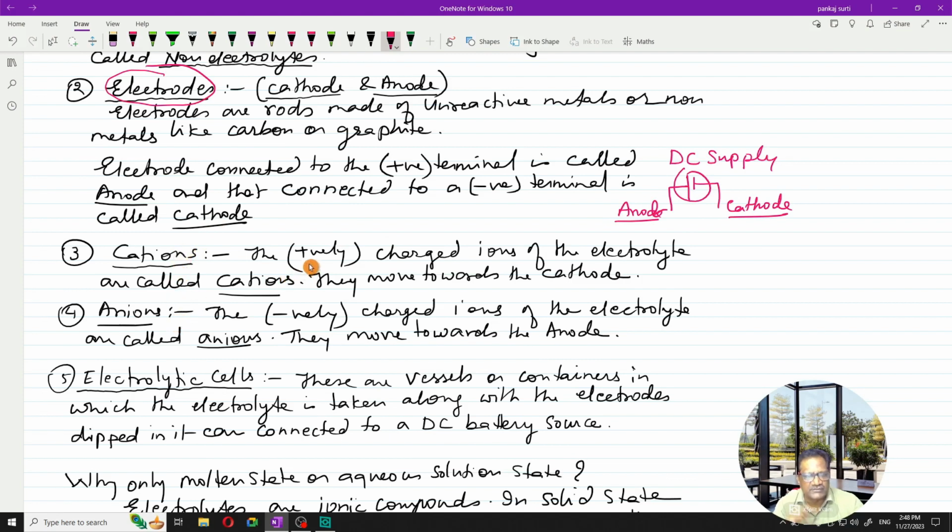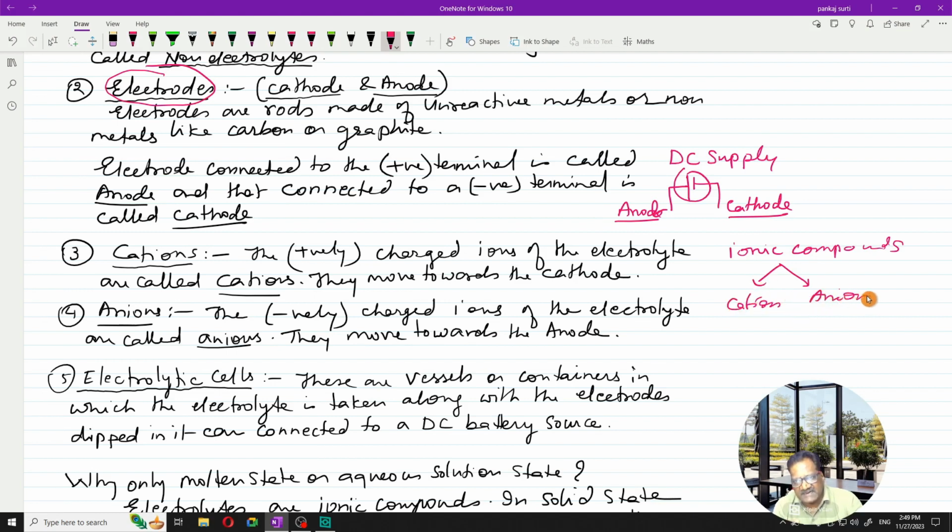As I told you, in electrolysis, on passing the current, the electrolyte is going to be decomposed, and it will decompose into two types of ions, the positive ion and the negative ion. Basically, any ionic compound is made up of two types of ions, cations and anions.